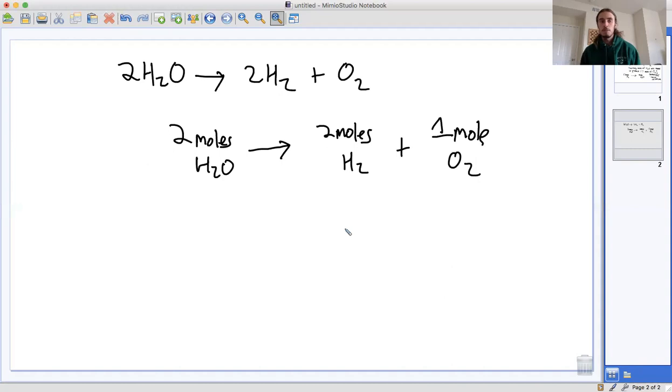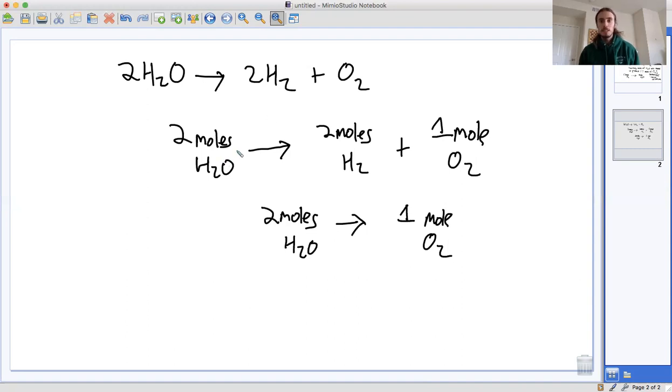So the relationship between water and oxygen is basically 2 moles of water makes 1 mole of O2. So this is kind of like a recipe, right? 2 moles of water makes 2 moles of H2 plus 1 mole of O2, which means that if we wanted to make 1 mole of O2, we would need 2 moles of water.